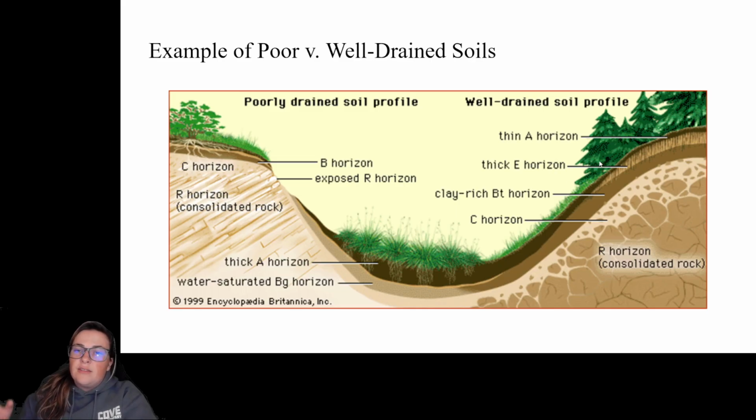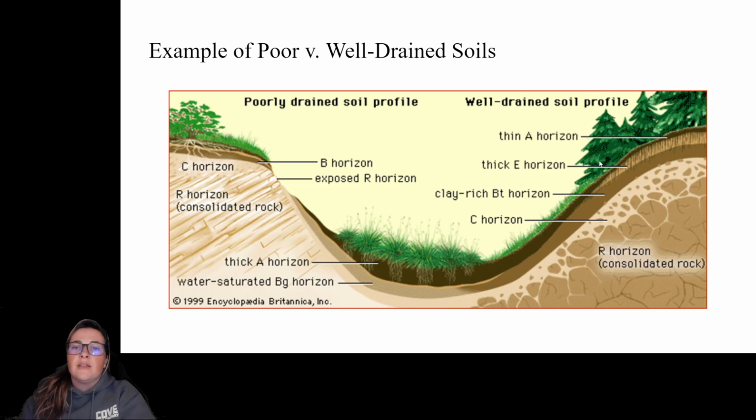With this, we can see that there's a lot more capacity for this soil to have nutrients, one, to have space for roots to grow and flourish, two, and just all around create a better, more complete ecosystem. So we see established forests, more diversity in plant life, more diversity in soil life, in the microorganisms present.